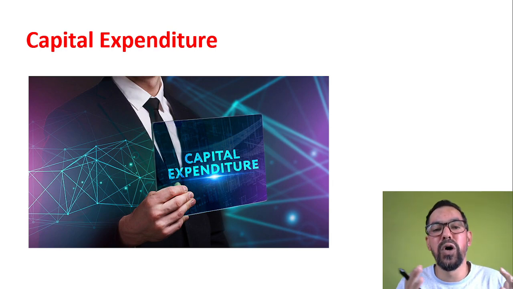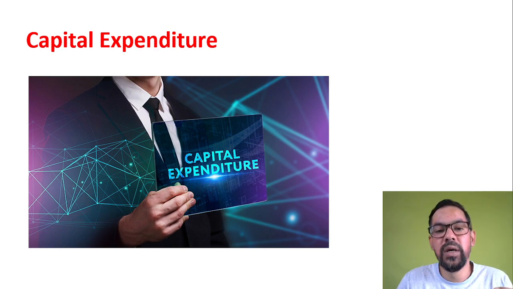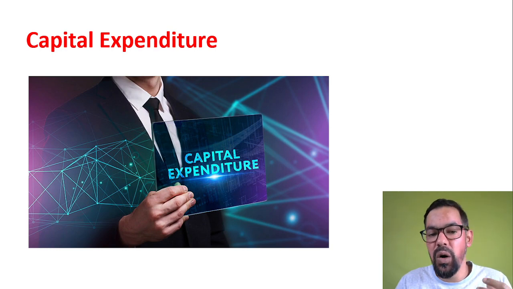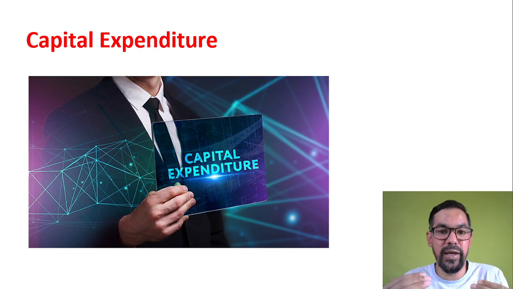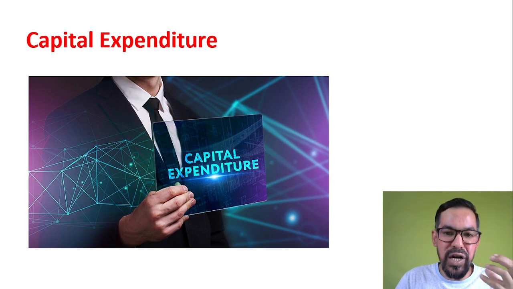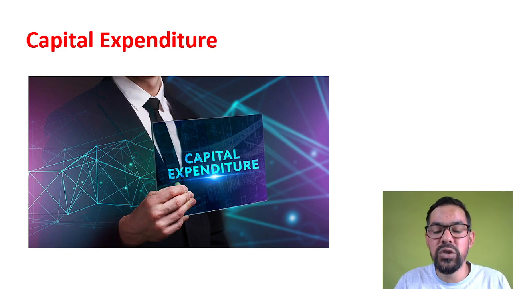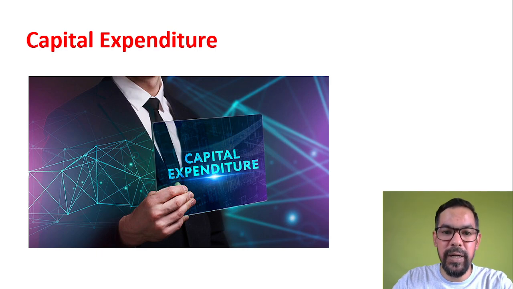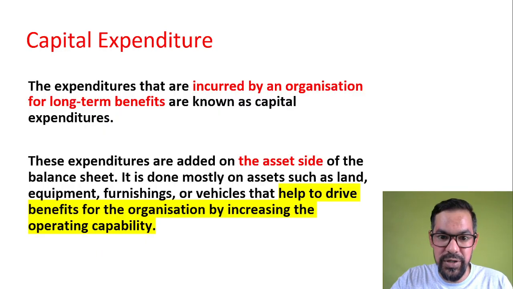If you talk about examples, like the purchase of machinery or any equipments in a company, the purchase cost, transportation cost, installation cost and testing cost are all part of your capital expenditure for that machinery.